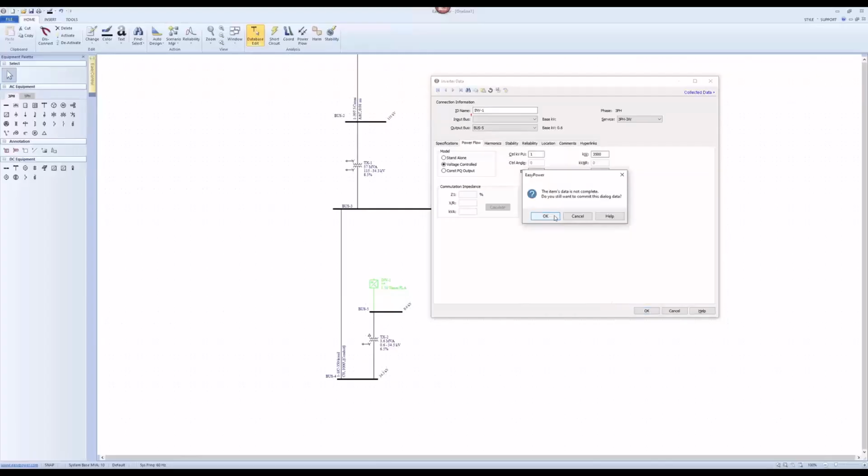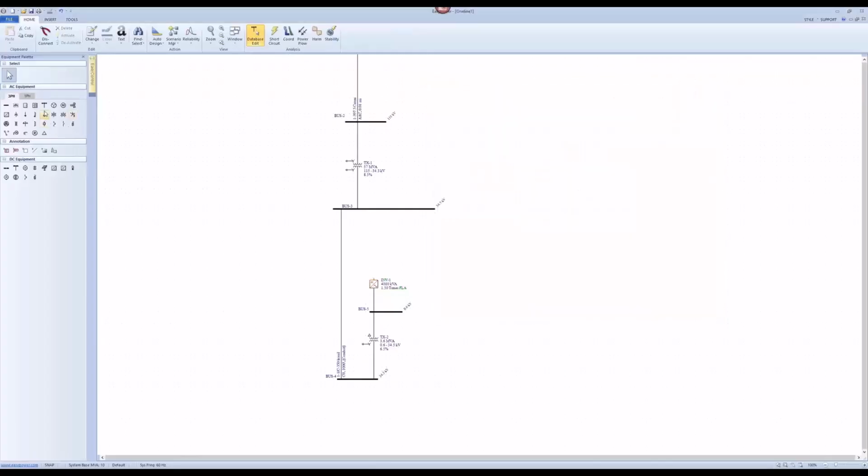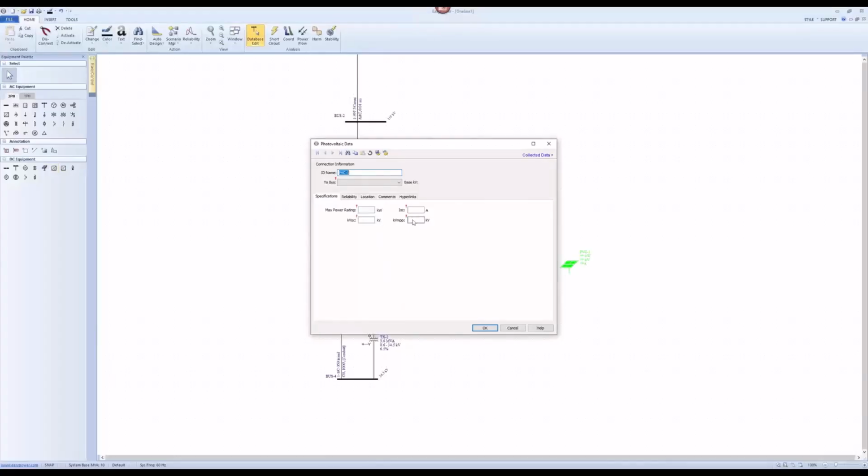Click on OK. I know what my data is missing, because I did not add my DC utility as well, right? Now, some people would like to add the DC side as a PV panel, which is okay. But when you add a DC PV panel, you need to be very careful to calculate your maximum power tracking point voltage, the operating current and the maximum power rating.